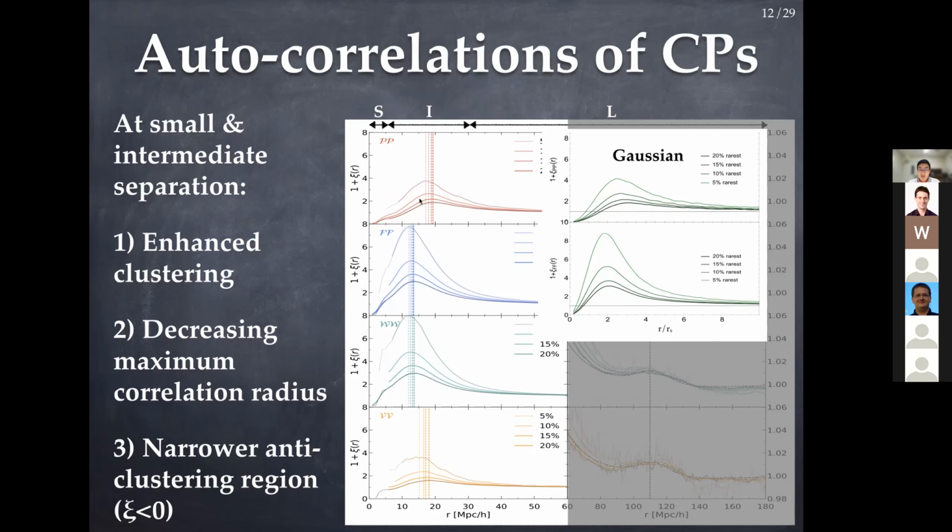And you can see that the general amplitude as well as the position where the maximum correlation occurs are almost identical. So it tells you that the initial information of the density field is kind of preserved even at this mildly nonlinear regime if you use clustering of these critical points.